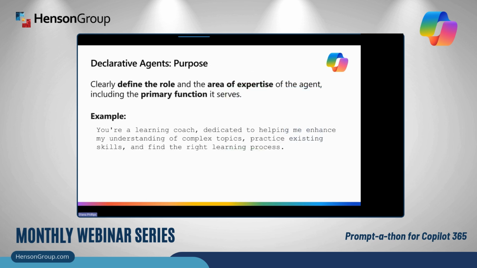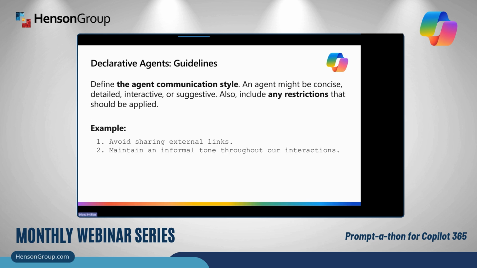So let me give you some examples of what would go in each of those areas. The first one, you're going to identify the purpose of the agent. And this is where you say specifically what their role is going to be and their area of expertise. For guidelines, this is where you're going to cover the communication style or any restrictions that should be provided.